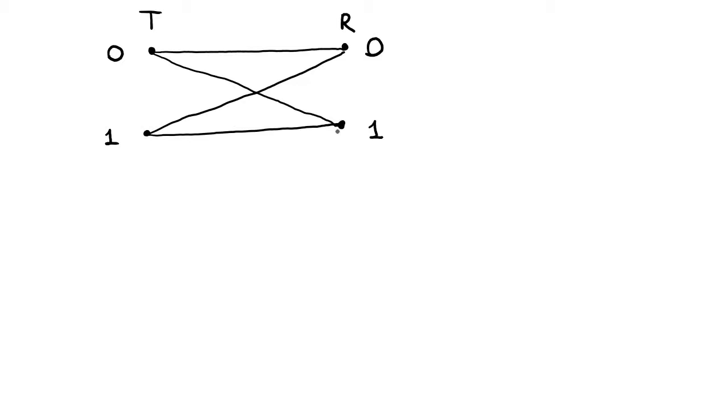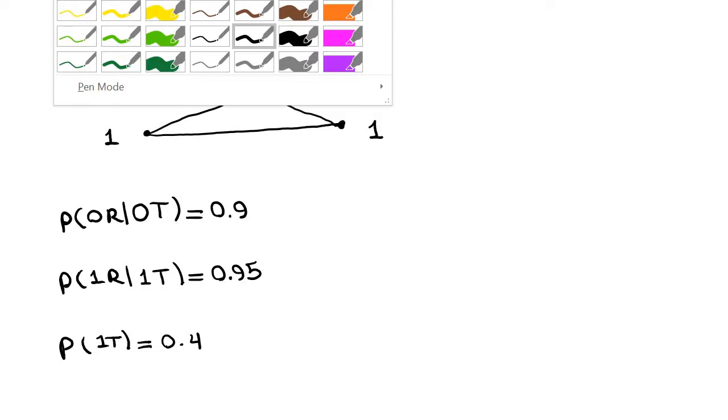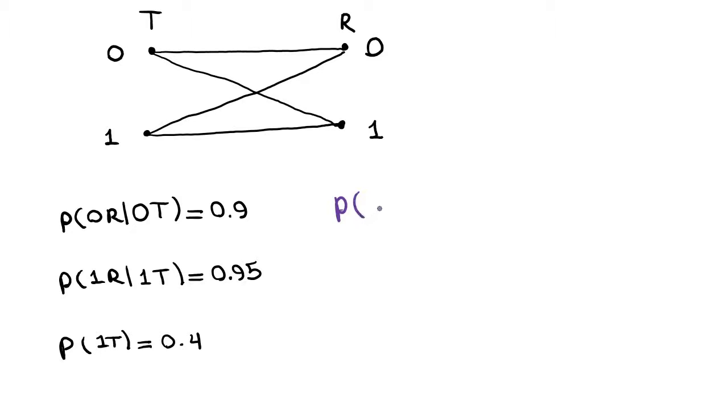So the probability of receiving 0 while sending 0 is calculated as 0.9, and the probability of receiving 1 from transferring 1 equals 0.95, and the probability of transferring 1 equals 0.4, and we are asked to calculate the probability of transferring 0 while receiving 0.